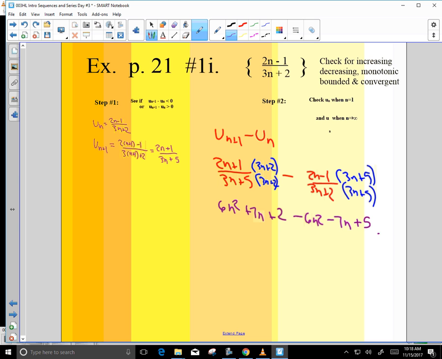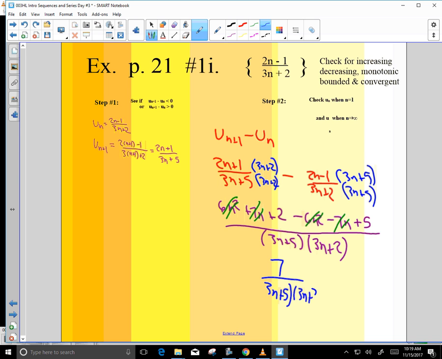Is it okay that I distributed? Is that all right? Okay. I could have done an extra step. I'm lazy. I'm inefficient. So what cancels out? If you did this right, the 6n squareds had better cancel, and the 7n had better cancel. And so you're left with 2 plus 5 is 7 over 3n plus 5 times 3n plus 2.